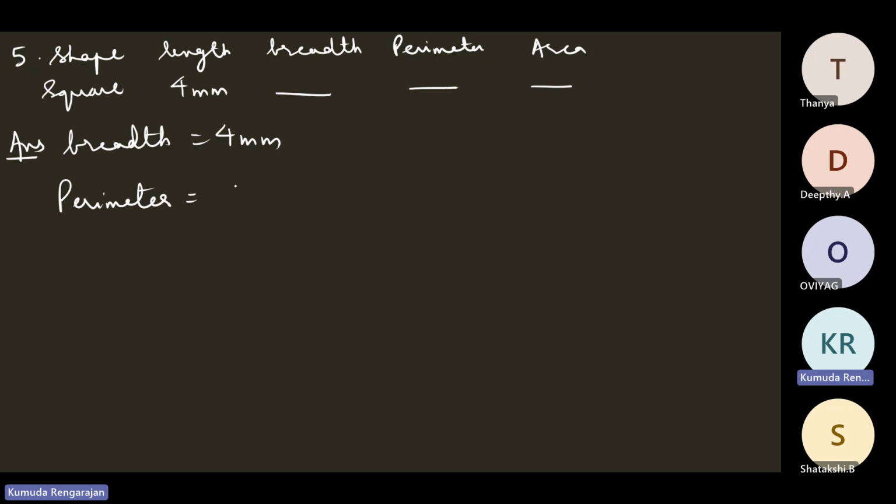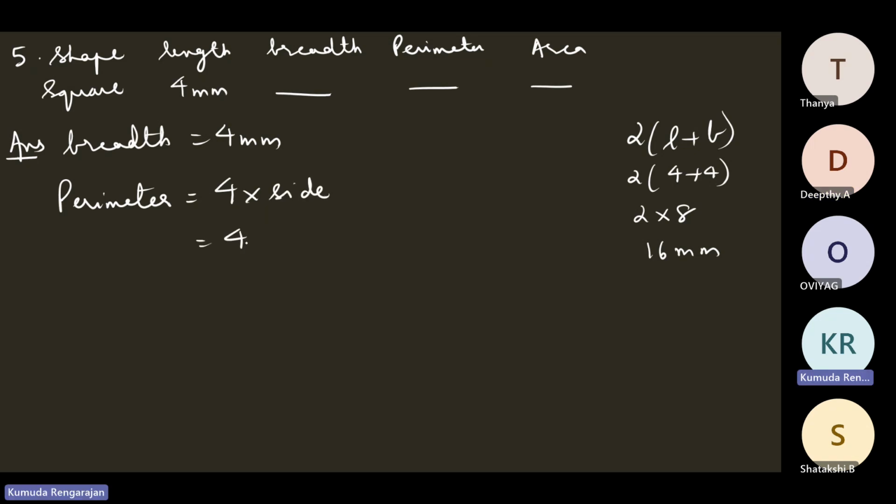See, when you use 2 into L plus B, substitute, Deepthi. 4 plus 4. So 2 into 8 is 16, correct? Yes, 16 millimeters. But what is the formula to find the perimeter of a square? 4 into side. So which is 4 into?